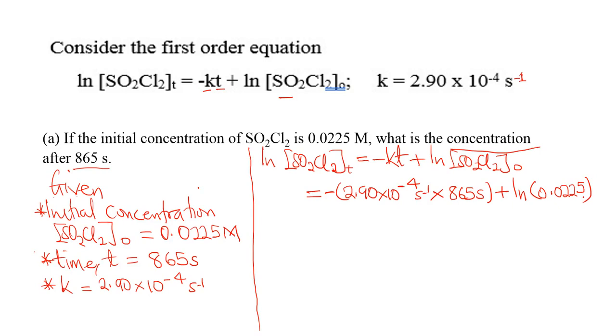Once we do that, we just need to get the numbers. 2.90 times 10 to the power -4 times 865 gives us 0.0251, because the seconds cancel.